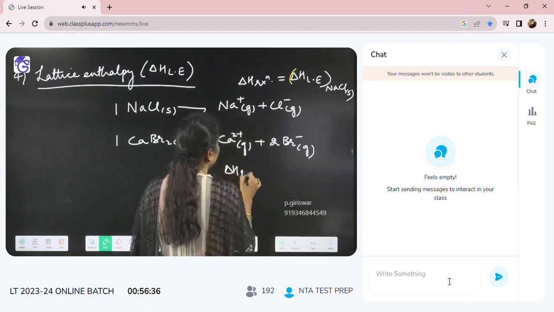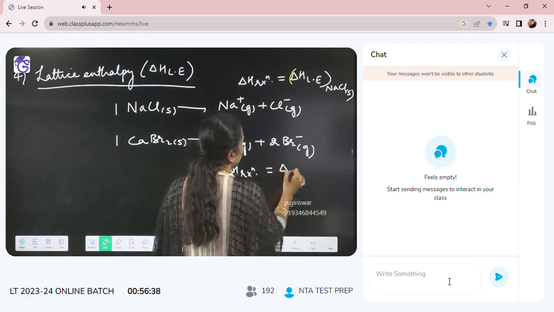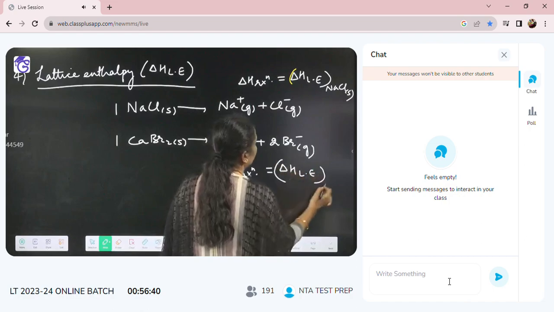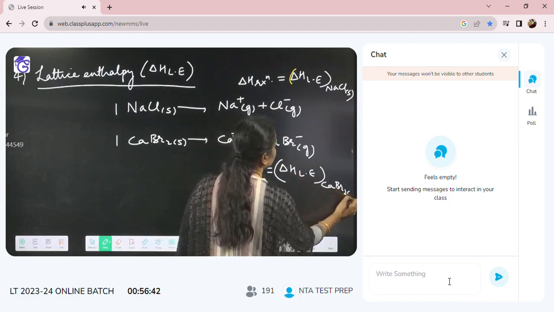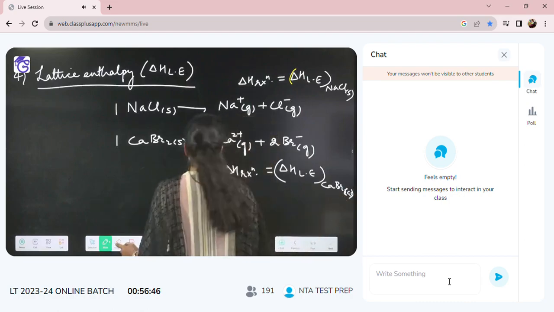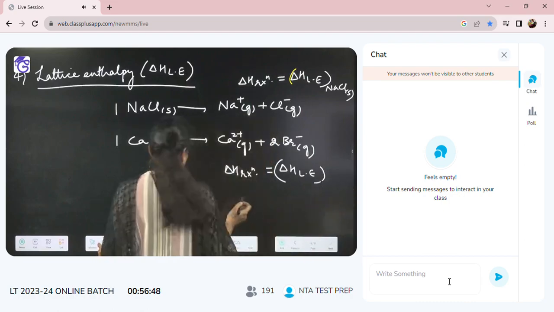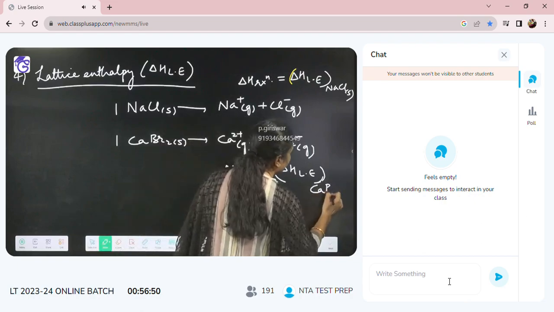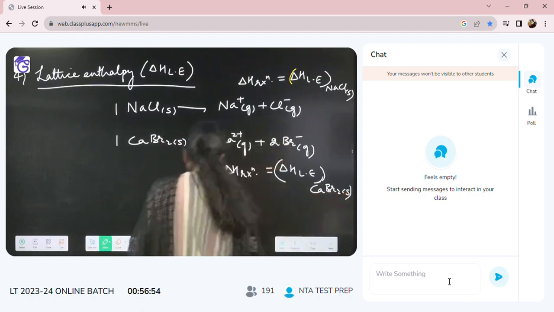Here also deltaH of the reaction is representing the lattice enthalpy of CaBr2 solid. This is CaBr2 solid. So I'll write down the definition here.